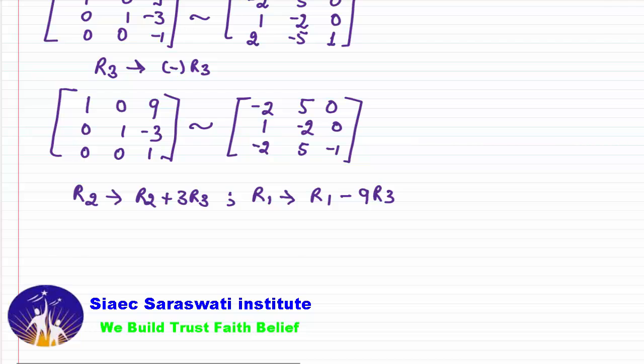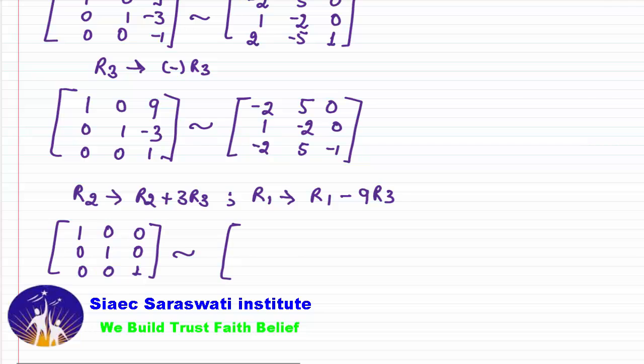Okay, so it will become the identity matrix, so 1 0 0, 0 1 0, 0 0 1, and equivalent to this in this side, when you multiply 9 times, so minus 18, then it will be 16.